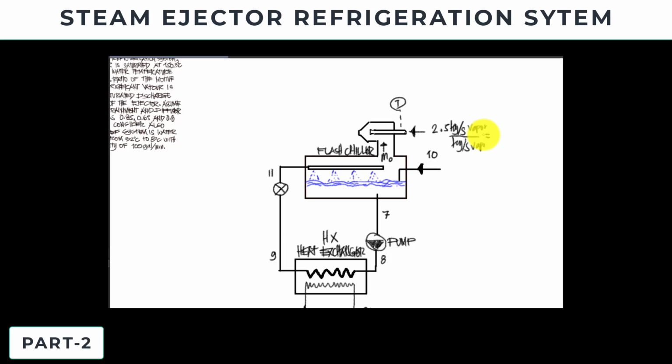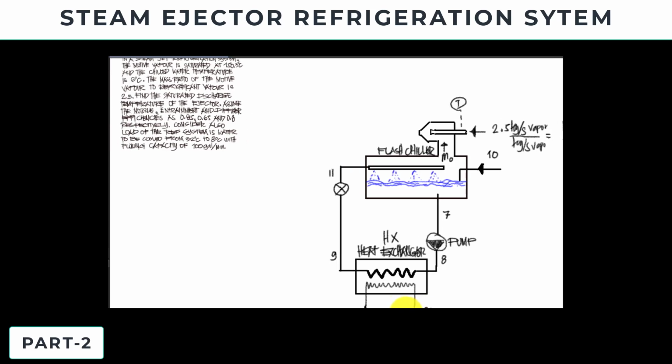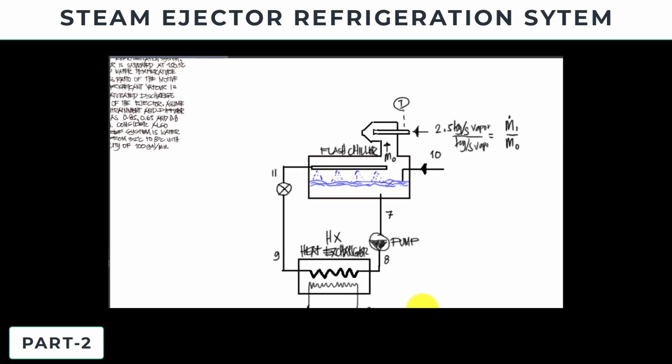So this will be equal to the mass flow rate m1 over my mass flow rate m sub o. From the definition itself, that is the mass ratio of the motive vapor to the refrigerant vapor, which is 2.5. We have already stated that.